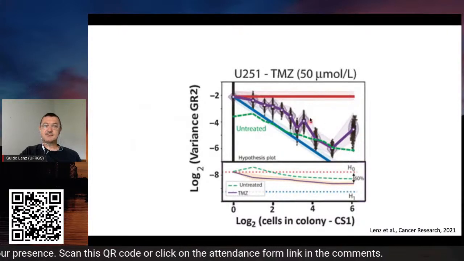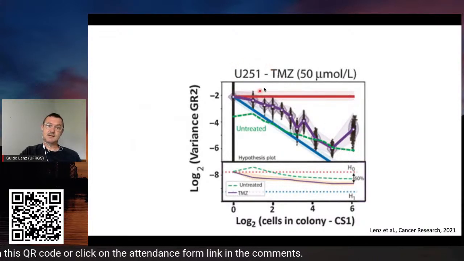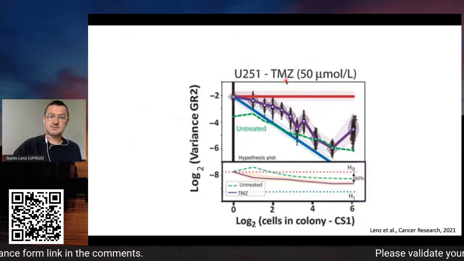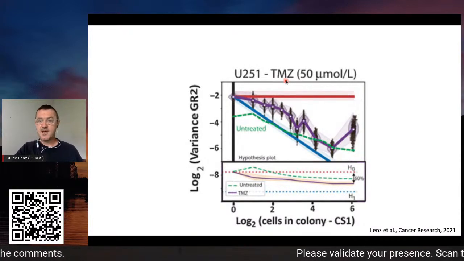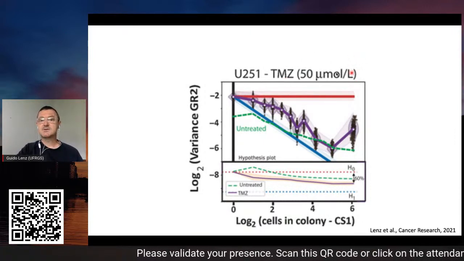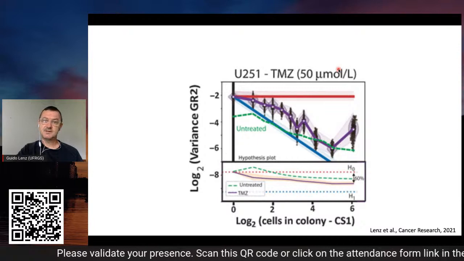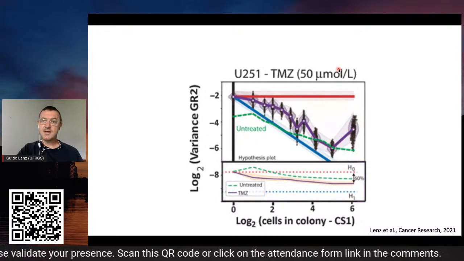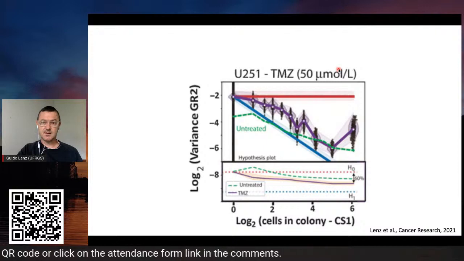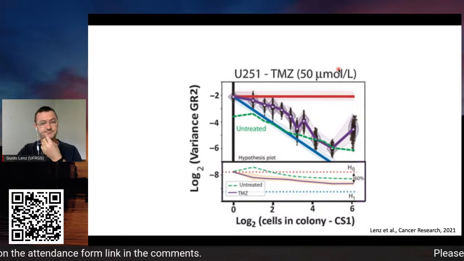So what happens if we treated these glioma cells with temozolomide? Temozolomide is the standard treatment for gliomas after surgery and radiotherapy. And we used a concentration that can be found in the blood of patients and that kills a part of these tumor cells over 5 days.